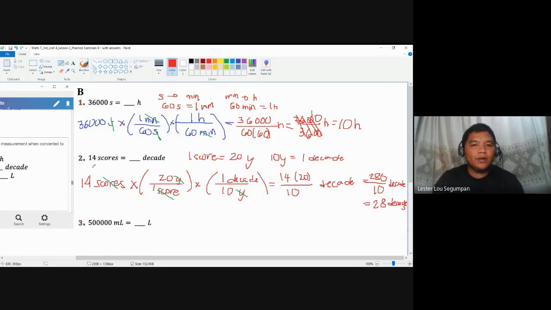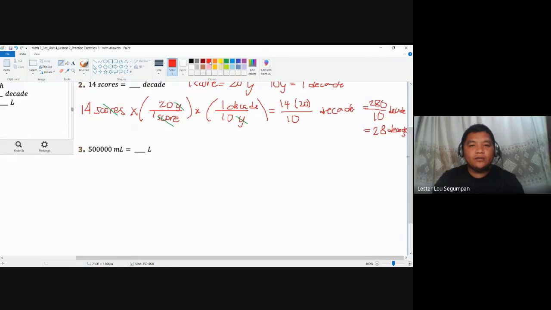So items number 1 and 2 belong to the measurement of time. Let's talk about item number 3. Milliliters and liters are both units of measurement for capacity. We all know that 1,000 milliliters is equal to 1 liter.